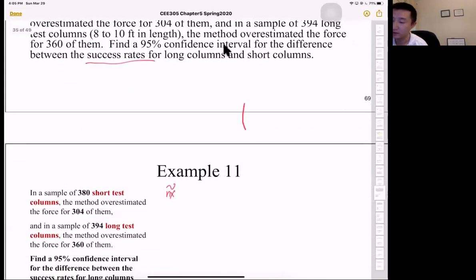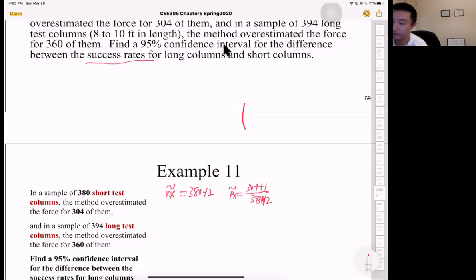So nx is equal to 380 plus 2, which is 382, and modified px is equal to 304 plus 1 divided by 382.